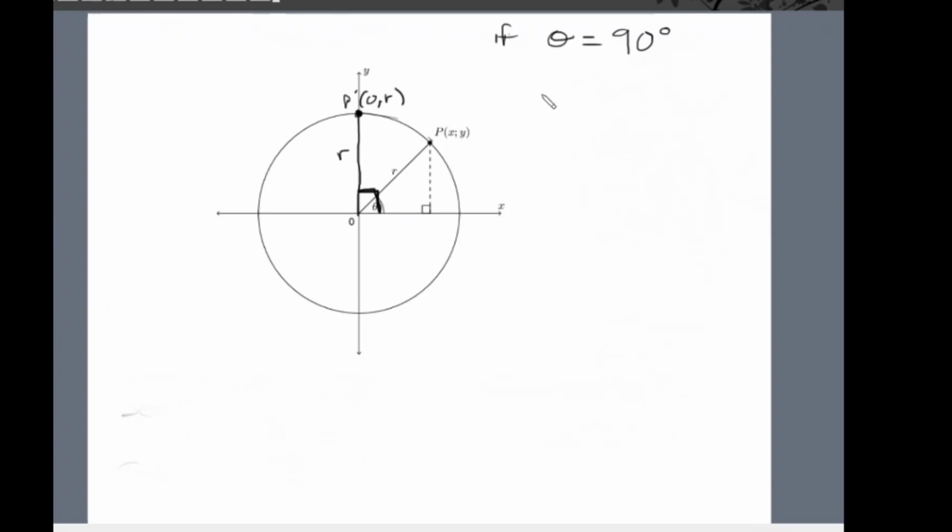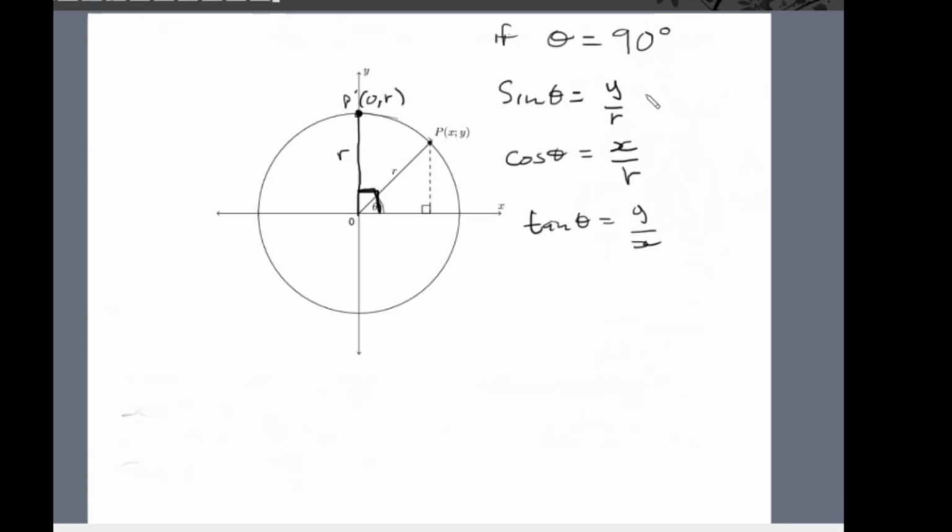Because we've defined our trigonometric ratios like this, this one is y over r, this one is x over r, this one is y over x.